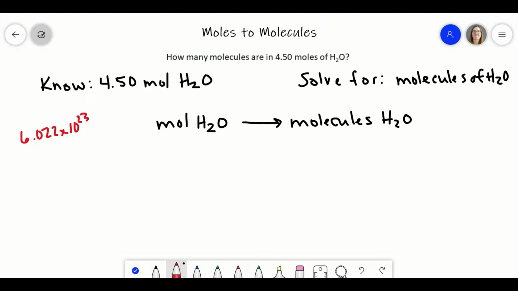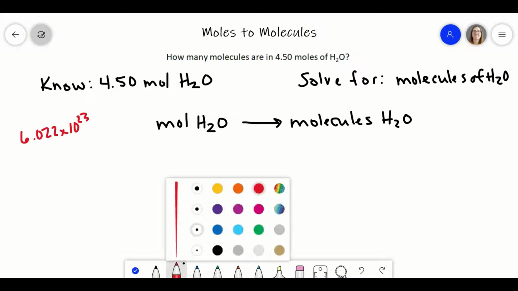We could also say there are 6.022 times 10 to the 23rd elephants in 1 mole of elephants. It could be any substance, but since we're dealing with water in this problem, we're going to use the units of molecules of water per 1 mole of water.